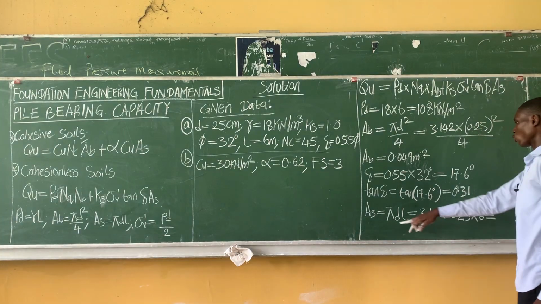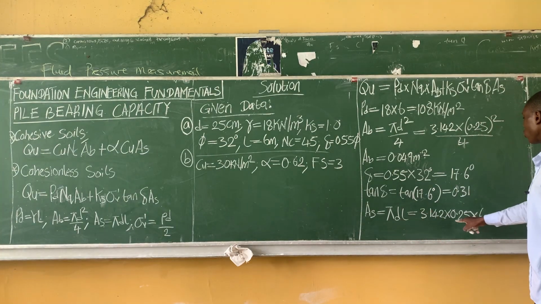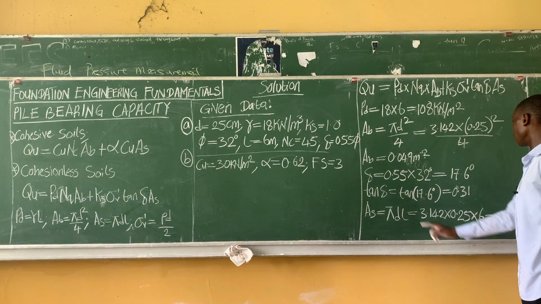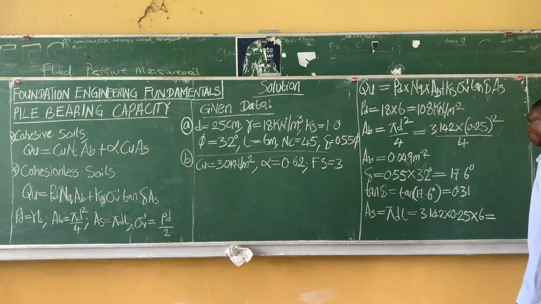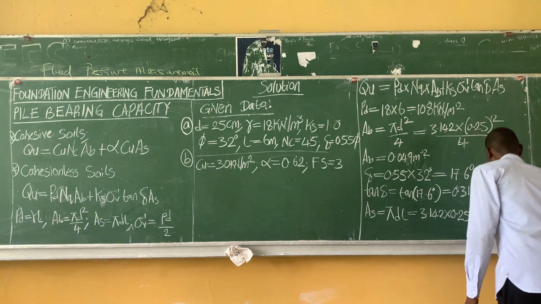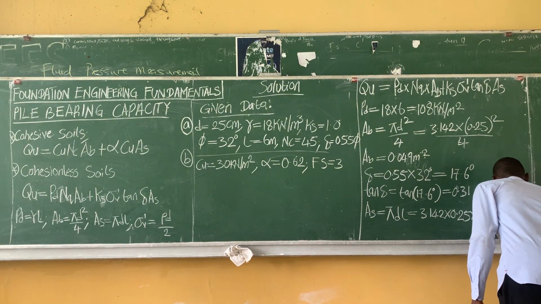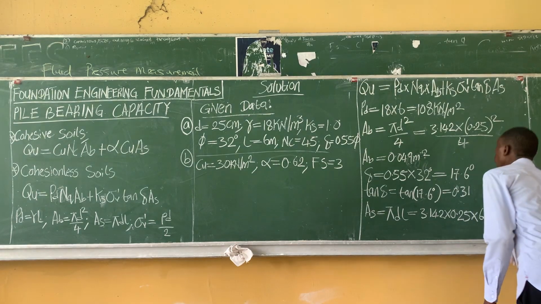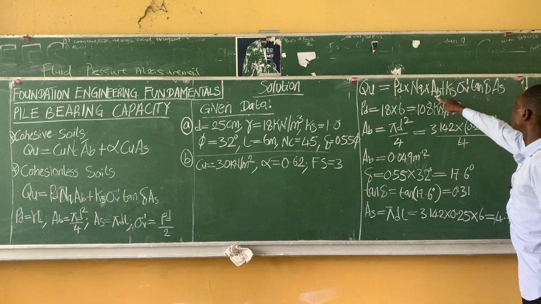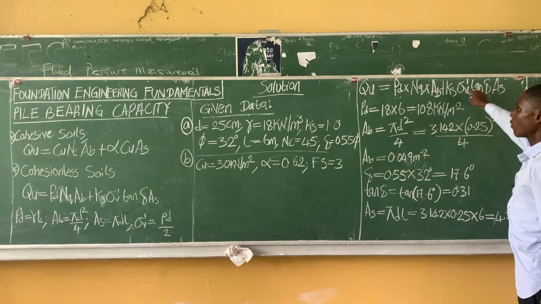So 3.14 times 0.25 times 6 gives us 4.71 meters squared. So we have all of these.